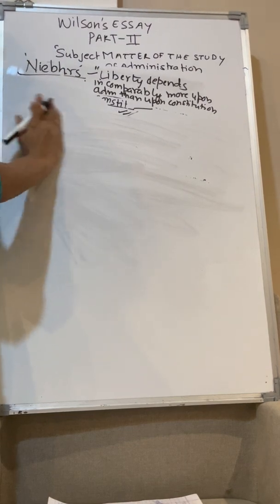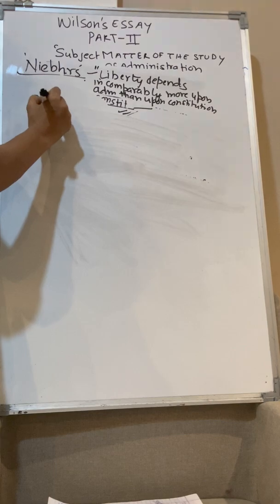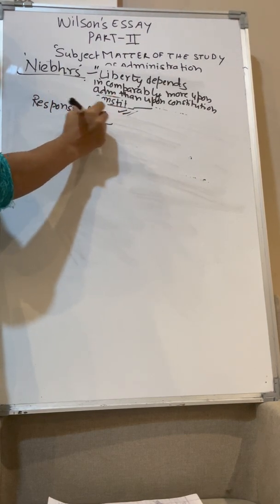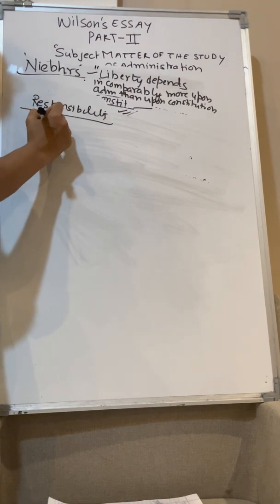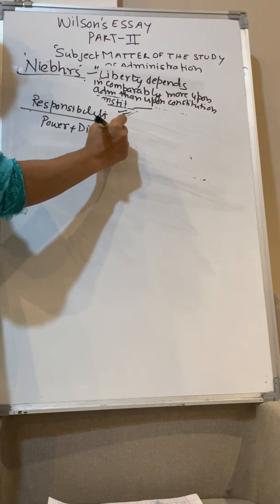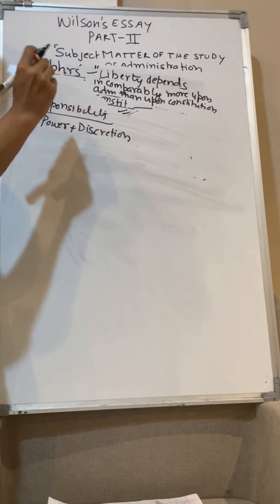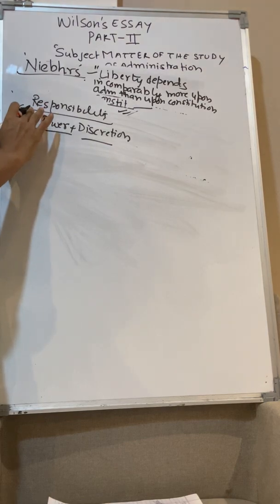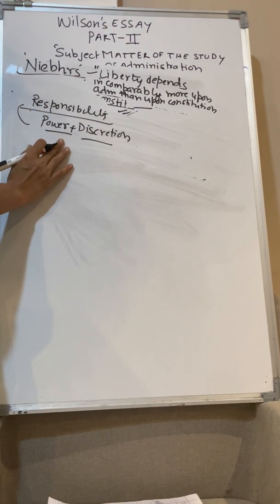So he says that responsibility can be increased by increasing power plus discretion. There should be perfect balance between the power and discretion to fix the responsibility so that the power is not abusive.